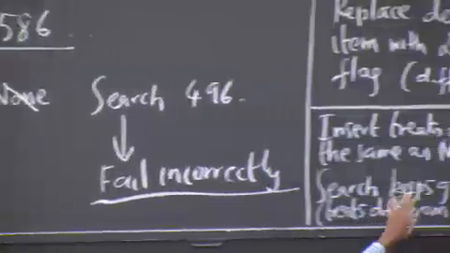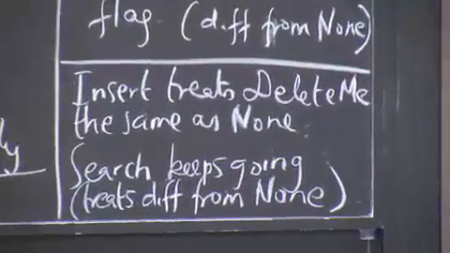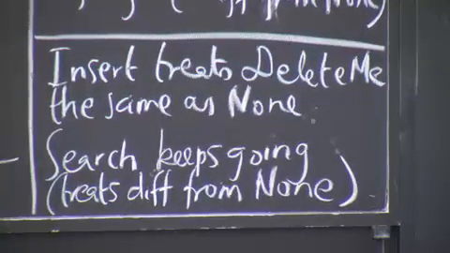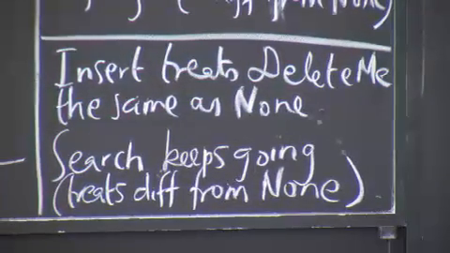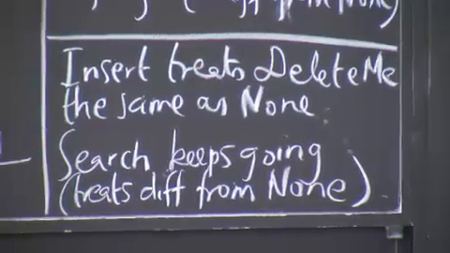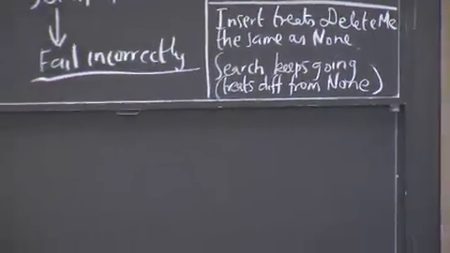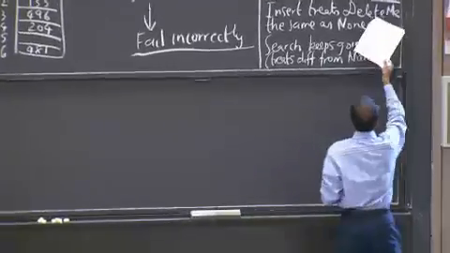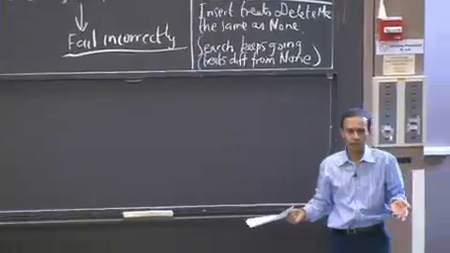The interesting thing here is that you can reuse storage. The whole point of deleting is that you can take this storage and insert other keys in there once you've freed it up. And you can do that by making insert treat delete me the same as none.